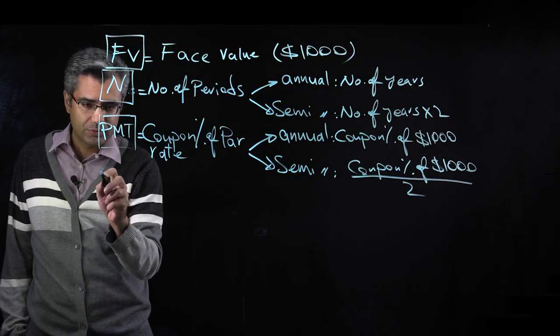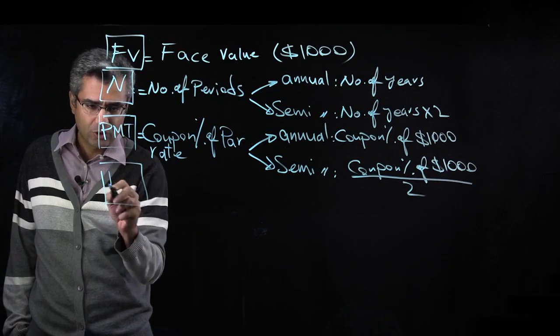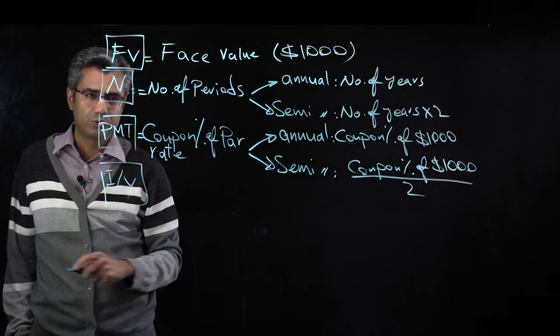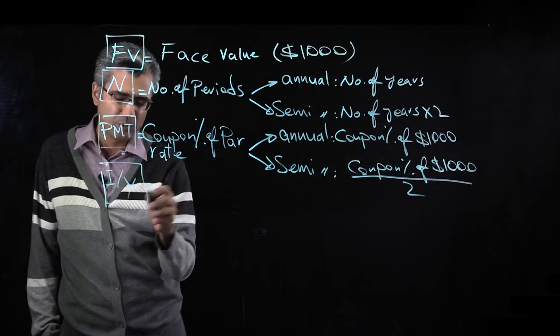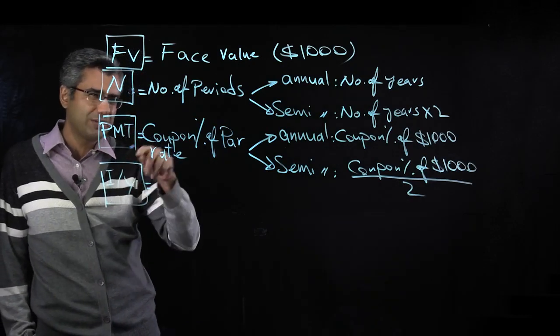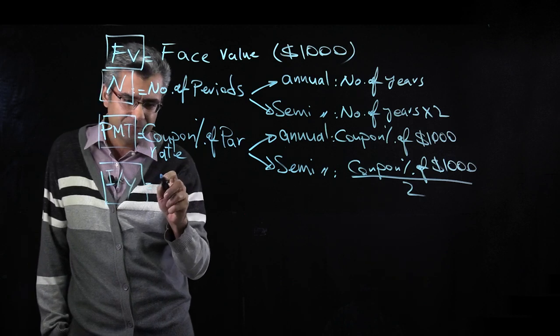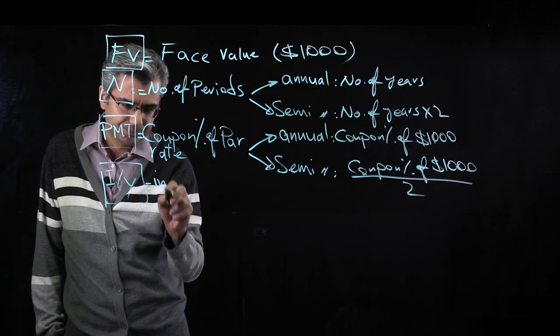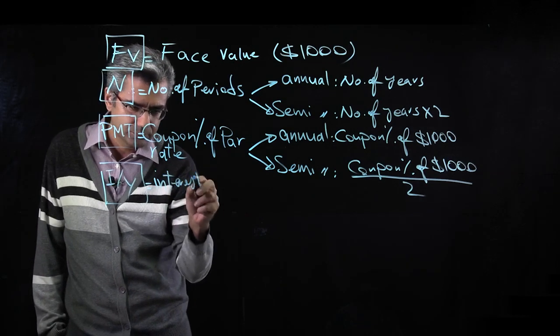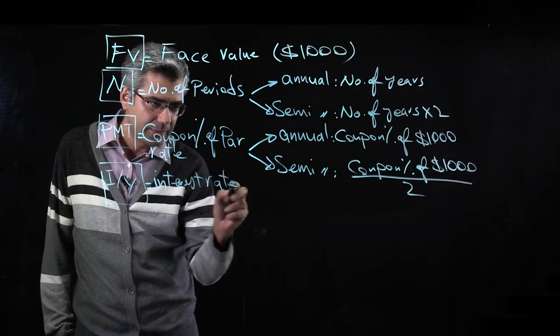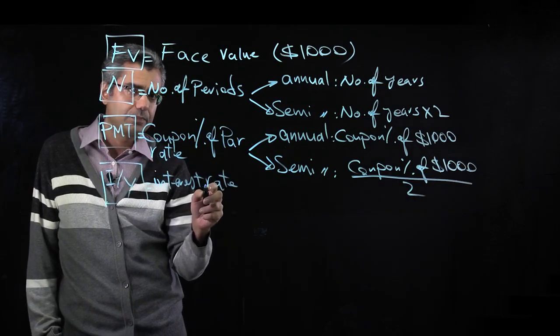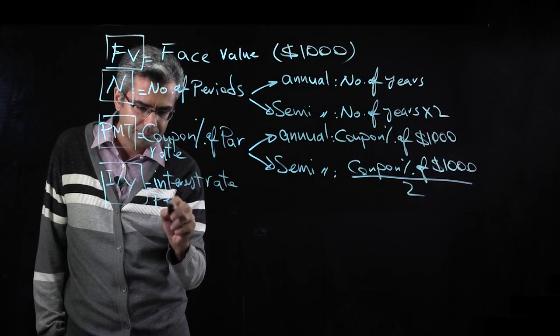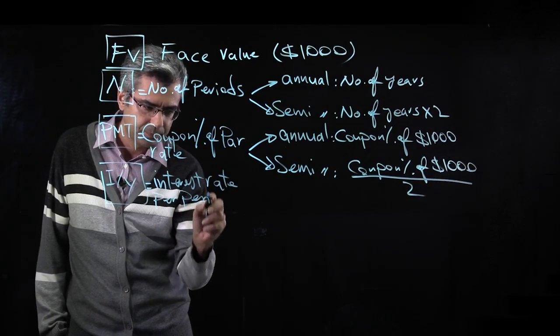And then we have I/Y, or interest rate. It's also called yield to maturity. Yield to maturity means interest rate per year, right? But for the calculator, it's the interest rate per period.